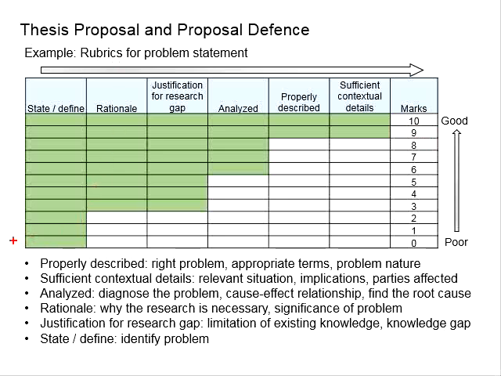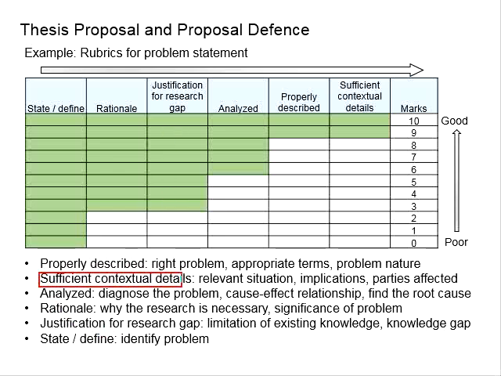Further explanations in terms of the keywords. State and define means that you identify the problems. Justifications for the research gap means that you know the limitations of the existing knowledge and you know the research gap. Rationale means you need to clearly state the necessity of the research as well as the significance of the problem.